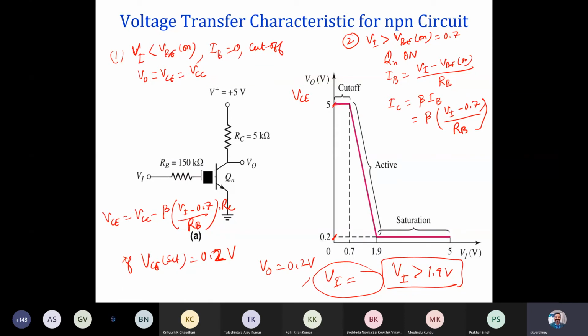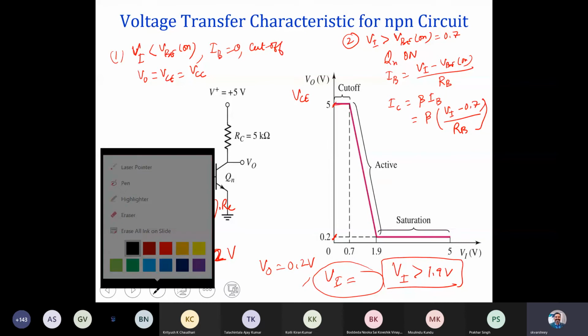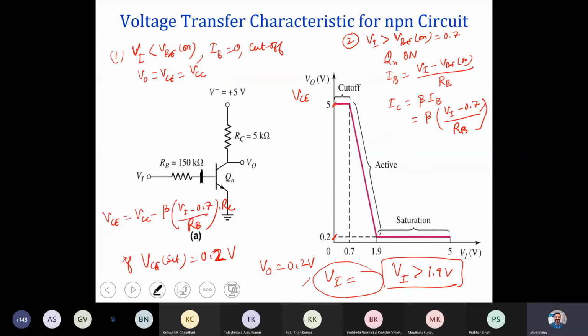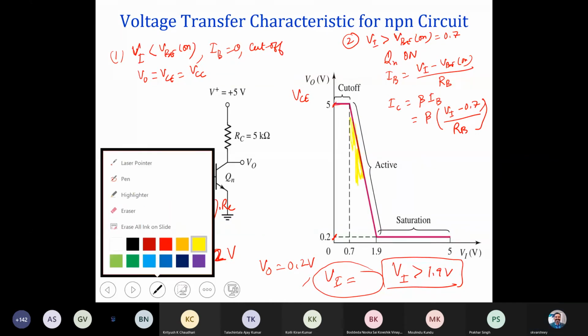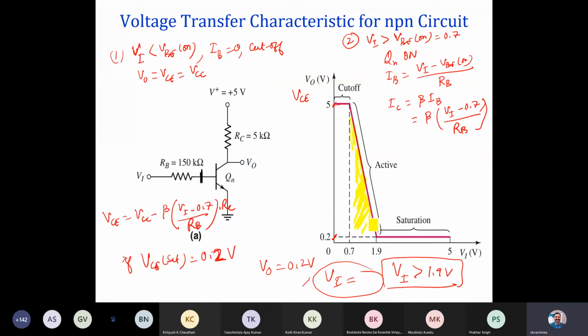So if the input voltage fed into the transistor is between 0.7 and 1.9 volt for this example, it would be in active mode. And as soon as the input voltage goes beyond 1.9 volt, it is going to be in saturation mode.